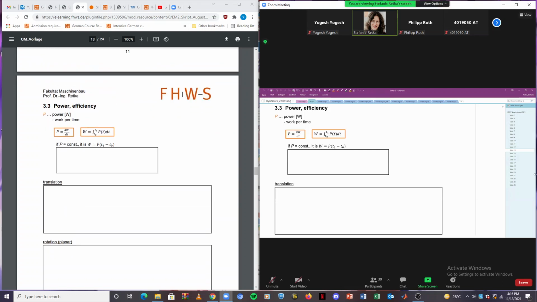Okay, so power, the symbol of the power is P. The unit is the W, and so power is work per time, which means that we can build a time derivative of the work performed, and then we will obtain the power of the system, of the machine, or whatever we are discussing.